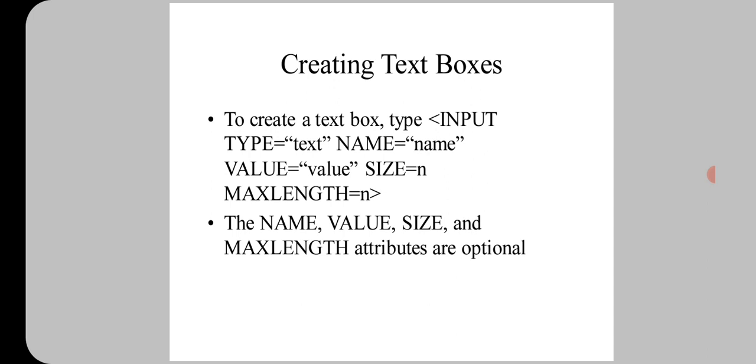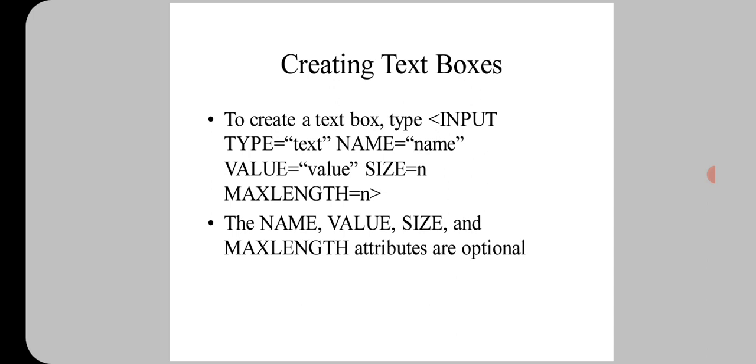Here we may use different types of parameters, like name equals within quotes some name. Name means to assign some name to the control, and value equals within quotes some value means to assign some initial value to the control.